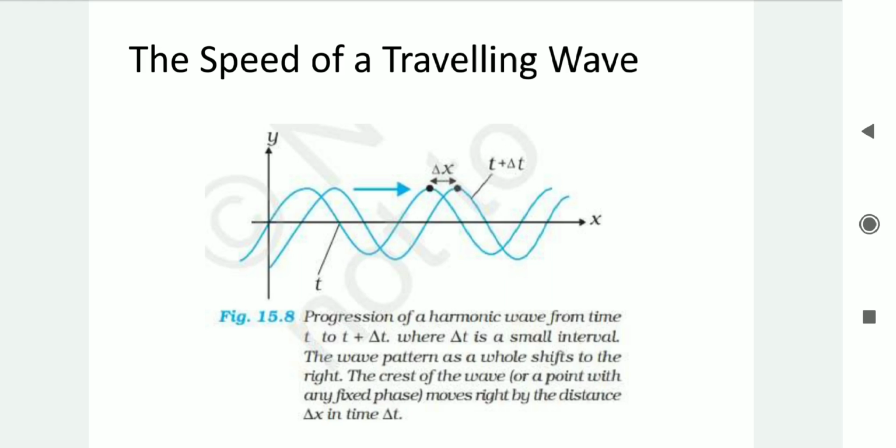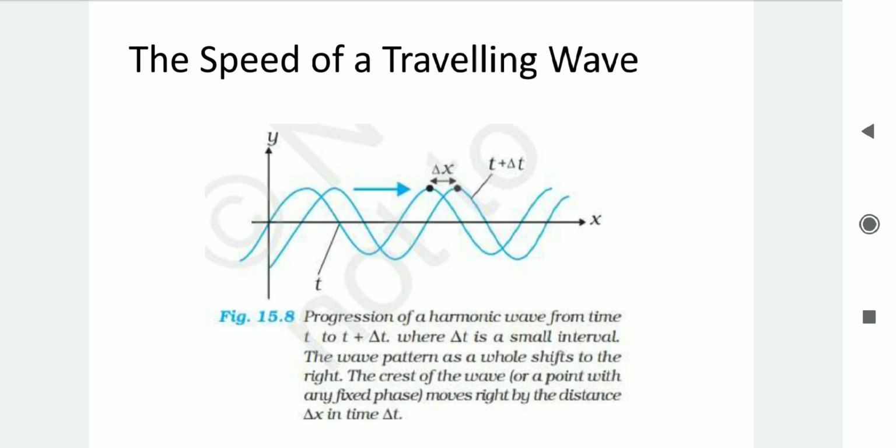At a particular time t, the wave is initially passing through its x equal to 0 origin point. Now as time changes by the amount delta t and the wave propagates further, it will shift by that delta x position.